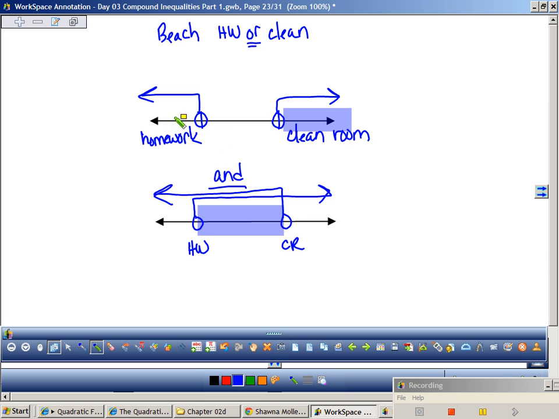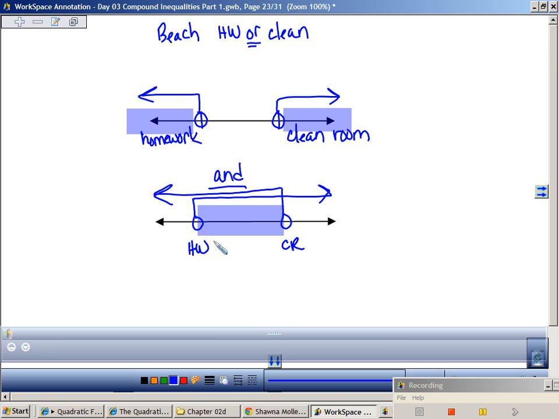This is the difference between and or. I know we still don't get it. If you did your homework or you cleaned your room, so these people only cleaned their room and these people only did their homework, my solution space is all the people that cleaned their room and all the people that did their homework.